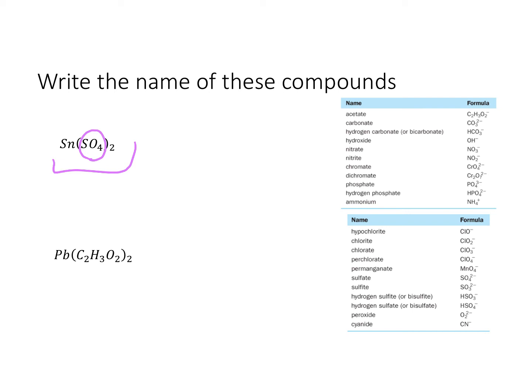What is it? Because it's listed there. Yes, it's listed there. So if you are comfortable with the table, that's one way to know. And the other way is to see that SO4 is not only one element. If it was only Cl or N, it wasn't a polyatomic ion.